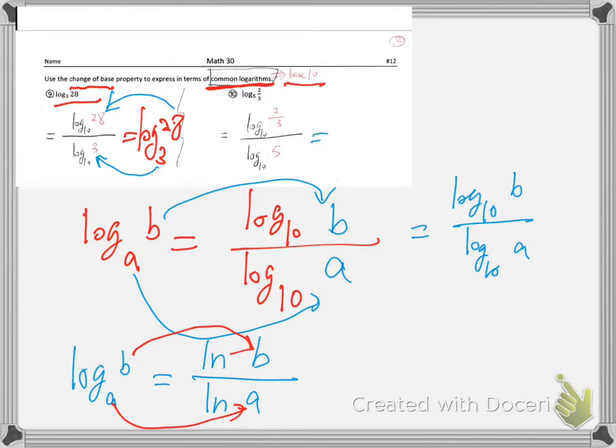Here is the same thing, log 5 of 2/3. The new base is 10, so we have log 10 of 5 in the denominator, log 10 of 2/3 in the numerator. So this is very easy. Just put a in the bottom, b on the top for this change of base formula.